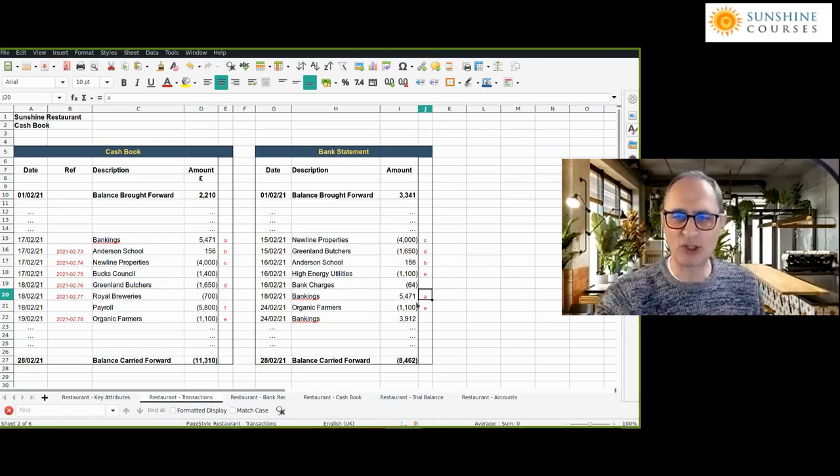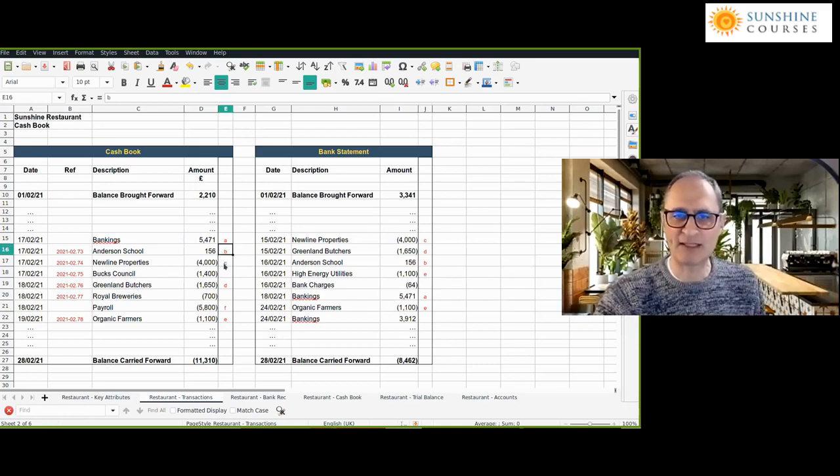The time you're going to want to do this is if you have lots of transactions that are all of the same amount. For example, with a subscription or membership fee, where people pay the same amount each time, it's very easy to tick one item from the cash book and tick it twice in the bank statement.